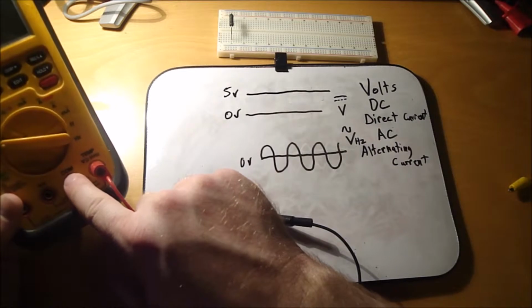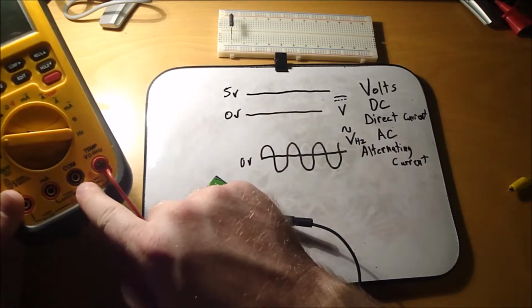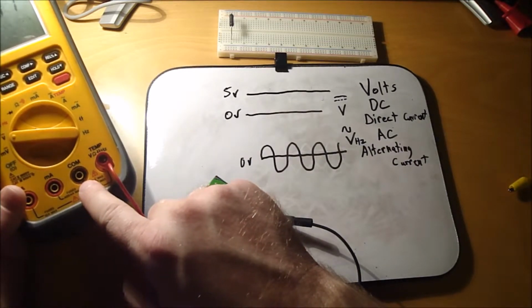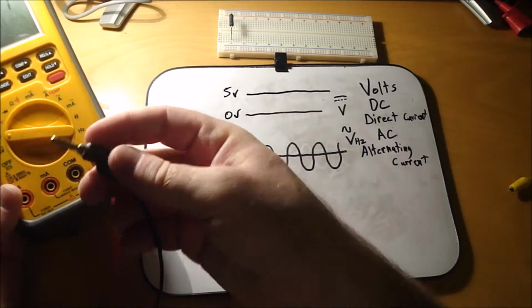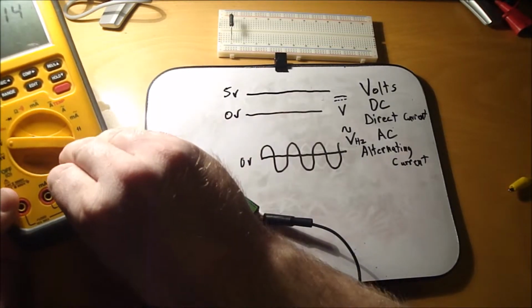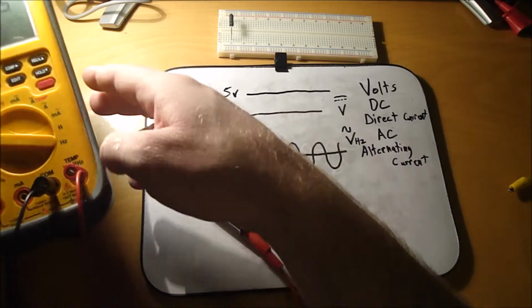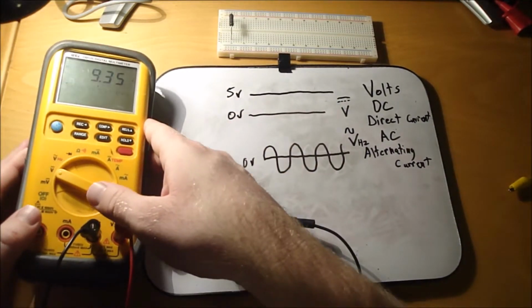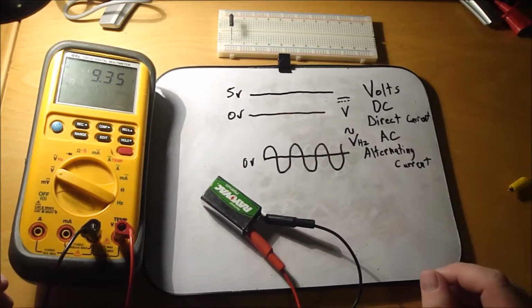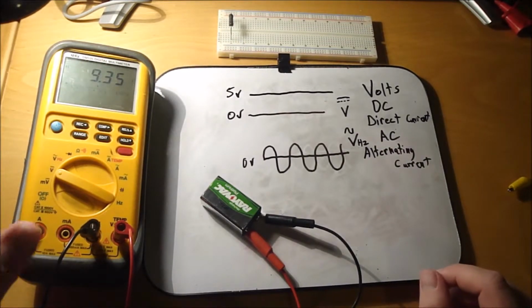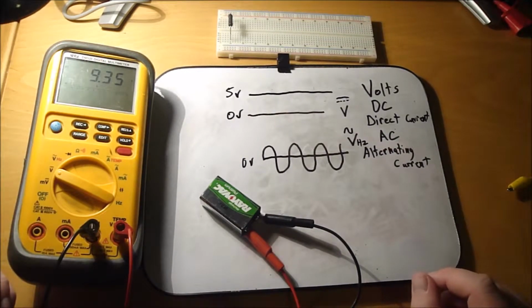Then your common there, which is marked black, is for your negative. And then it gives you voltage ratings down here too and what your meter can handle. But so there is a DC voltage, just a constant 9.35.